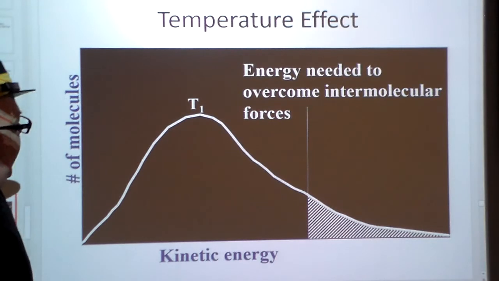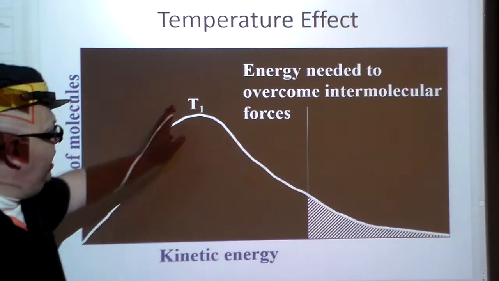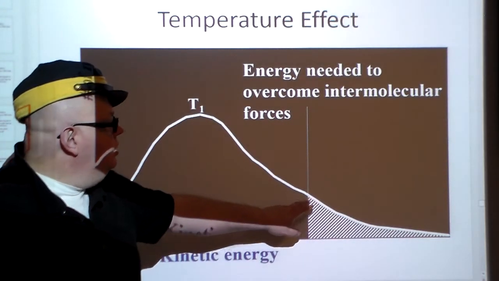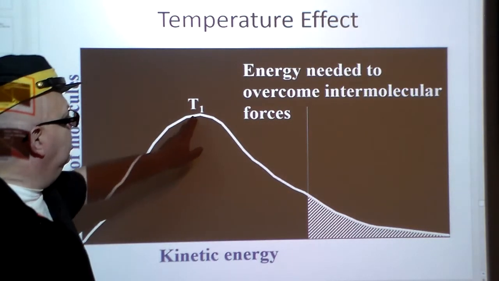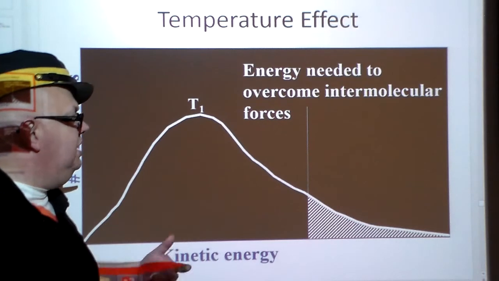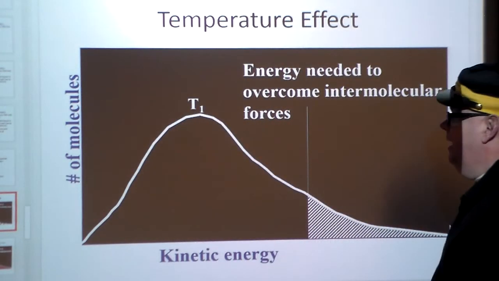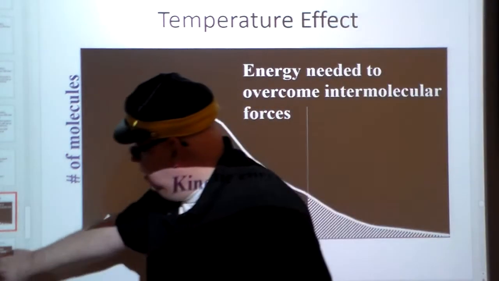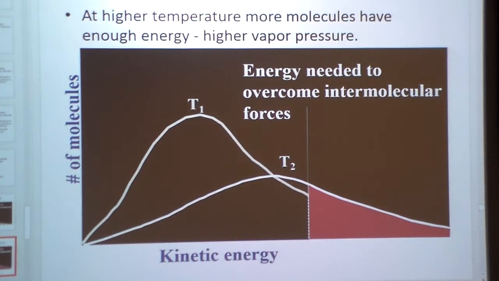The temperature effect. If we look at the number of molecules and we look at the kinetic energy, there is a certain amount of energy that's needed to overcome the molecular forces. Of course, the more molecules you have, the more of this kinetic energy you're going to need. Okay? That's the idea. But if we look here, if you have a higher temperature, more molecules have enough energy.